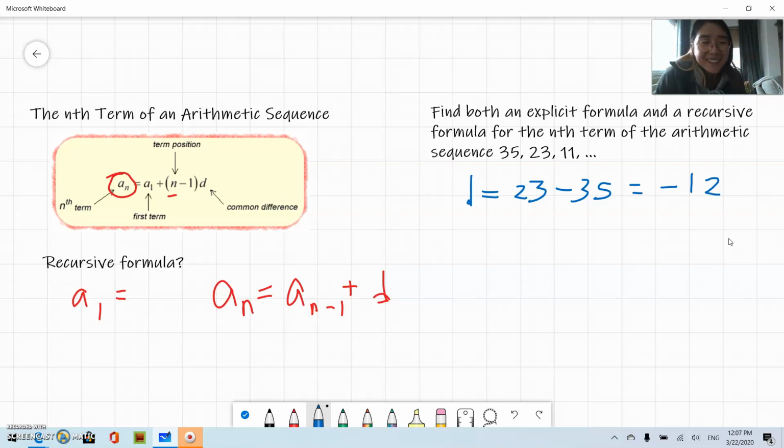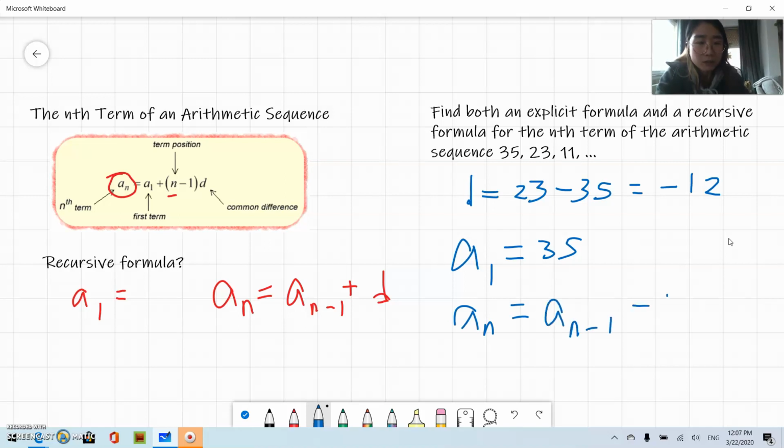Yeah, negative 12. Okay, so let's do the recursive formula first because it's easy. A1 is 35. And how do I find an? Well, you do a n minus 1 minus 12, right? Because it keeps decreasing by 12. And that's the recursive formula.